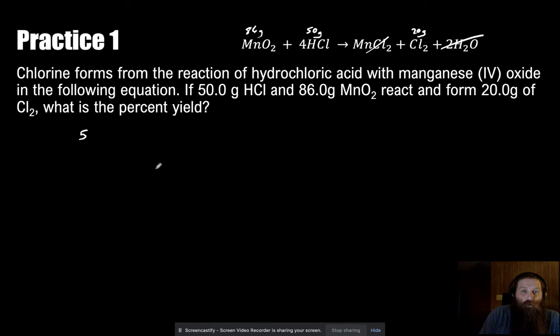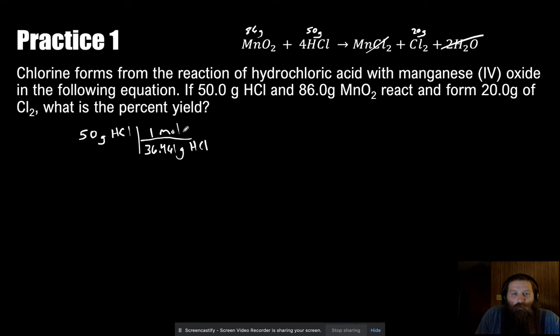So 50 grams HCl. Hydrogen plus chlorine gives us 36.461 grams of HCl in a mole. By the way, I know this is a 3-bracket problem because we're going grams to grams.